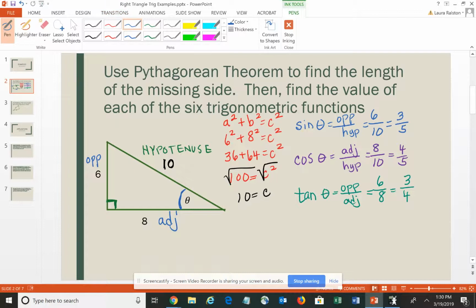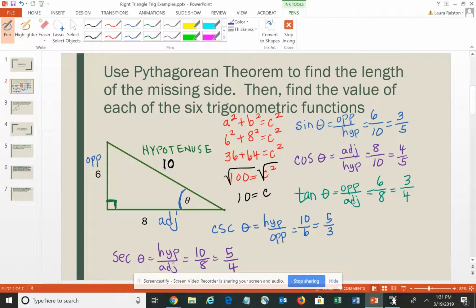And then I still have 3 to find, but remember they're reciprocals of each other. So cosecant, which is the reciprocal of sine, is hypotenuse over opposite. So I would have 10 over 6 or 5/3. For secant, which is the reciprocal of cosine, secant of theta is hypotenuse over adjacent. So I have 10 over 8, simplified is 5/4.